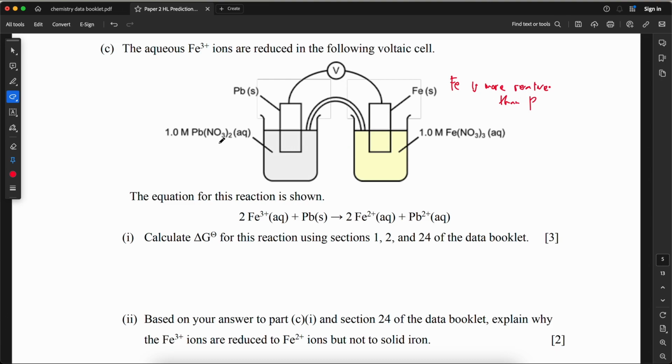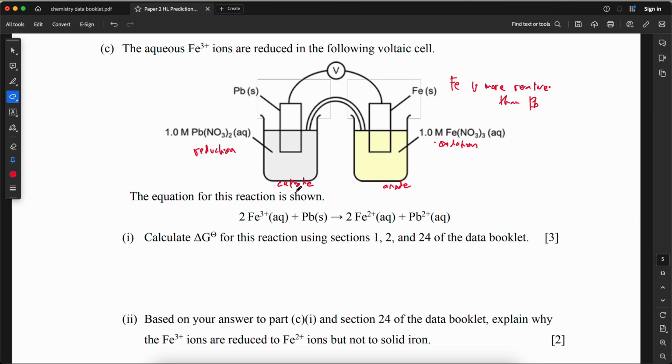Therefore, Pb would be reduction. This would be oxidation. So if it's oxidation, that would be in the anode, and this one would be the cathode. Oxidation always takes place at the anode, and reduction always takes place at the cathode.